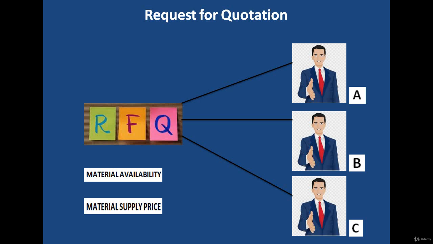So now the company has approached the vendor. Vendor evaluation is the next phase in the procure to pay cycle. In this phase, the company evaluates the vendors for selecting the right vendor for the procurement, to handle the procurement activities in future.